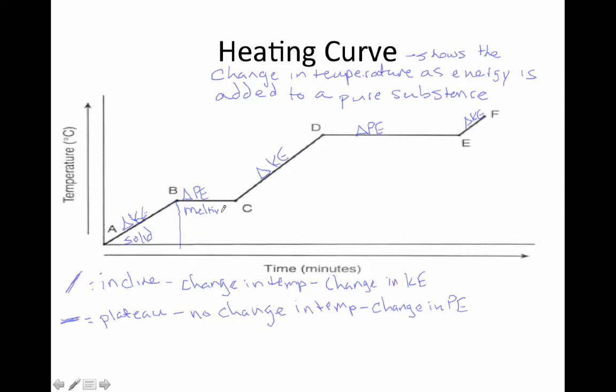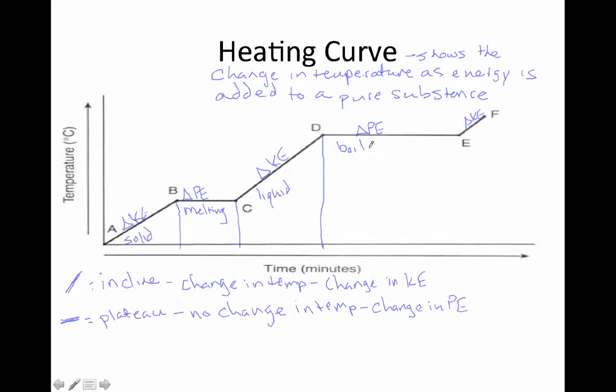So on the lower plateau is when you have melting happening. And then again, you'll see the temperature increase, and that's when the state of matter is all liquid. And then it's going to stop changing again. And that's when you're going to see the substance boiling.